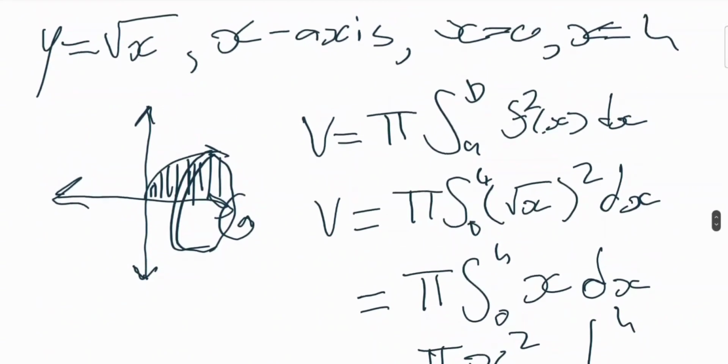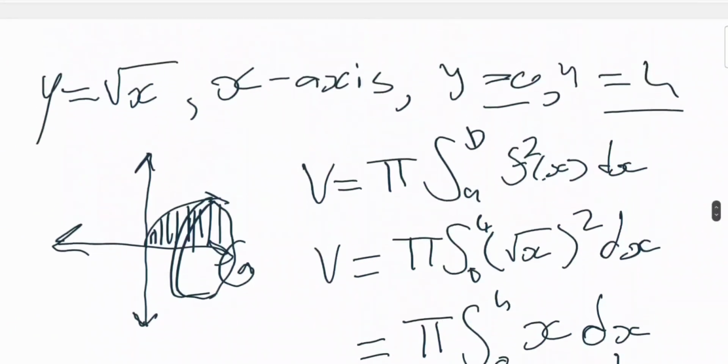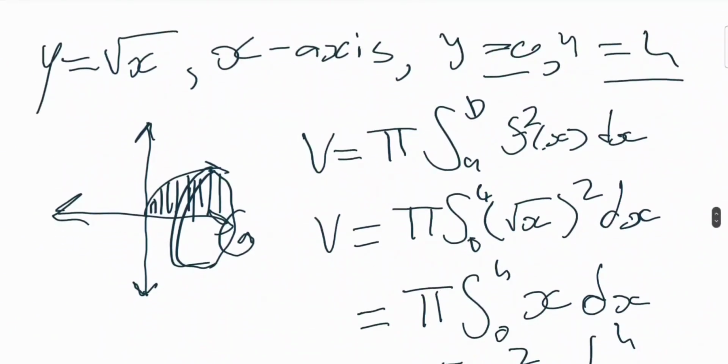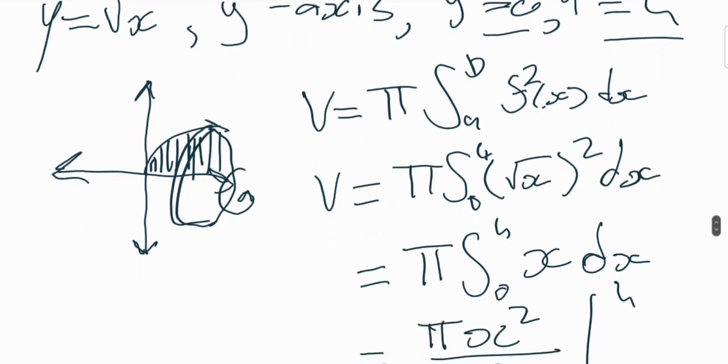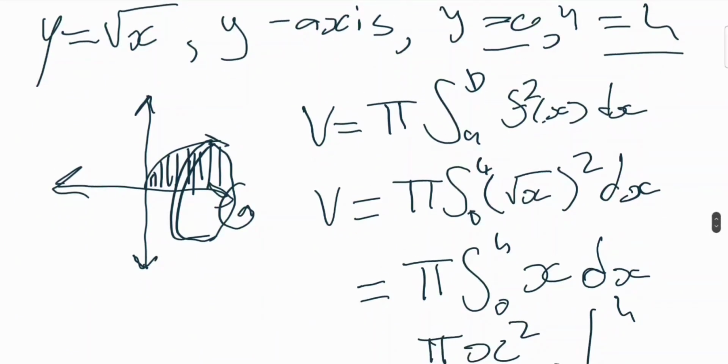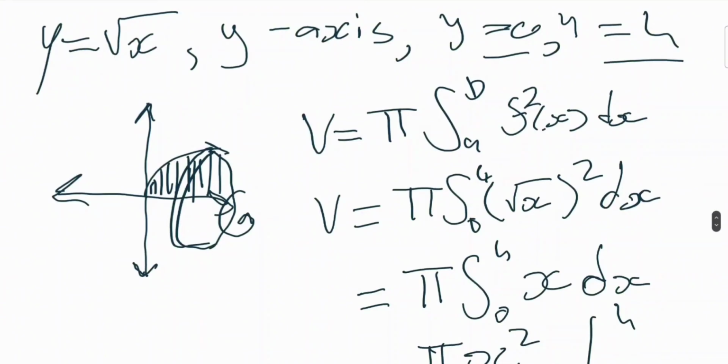Now, why don't we try rotating around the y-axis, still using the same parameters, but changing x to y. Alright, so I'll also change this. Okay, now, so we've got y equals root x, but now we need to find a function of x in terms of y.